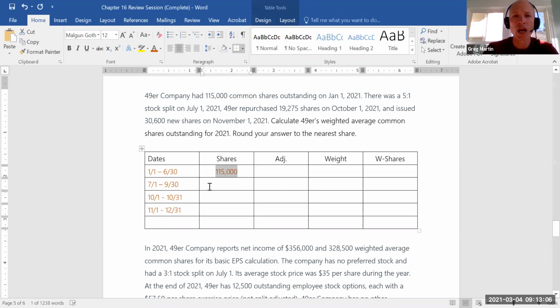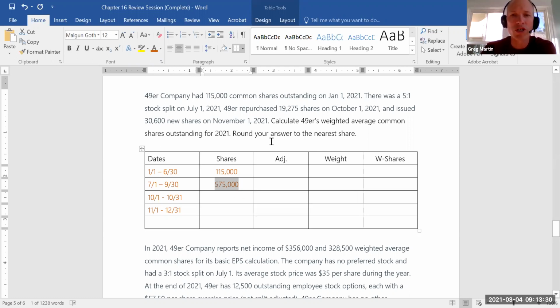The second step then is to get the number of physical shares outstanding for each of those rows. And we know that we start with 115,000 shares. And then what happens? It says there's a 5-to-1 stock split. And so we go from 115,000 shares to 575,000 shares, which is just 5 times 115,000. So now the number of physical shares outstanding is 575,000 shares.